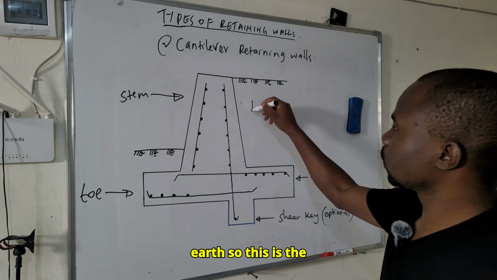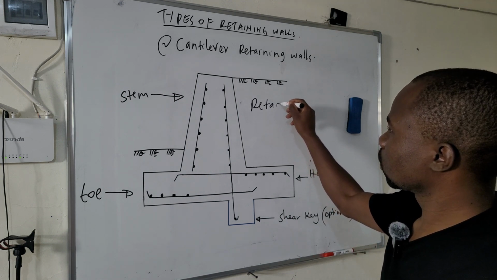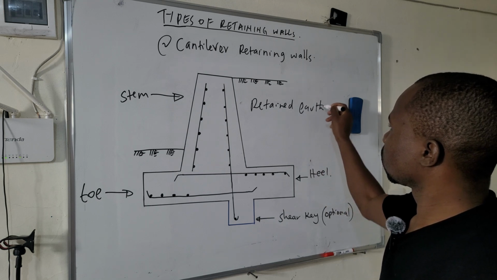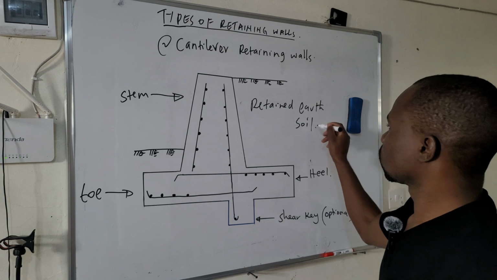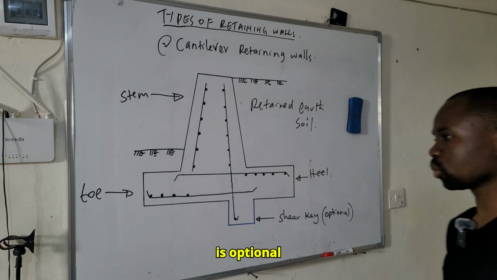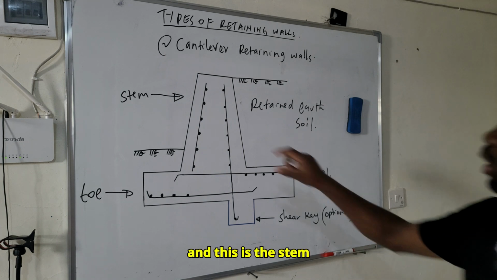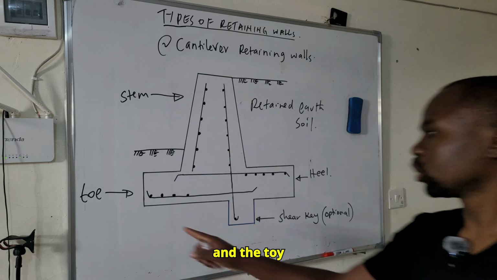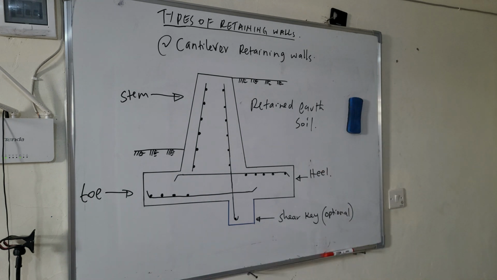So this is the retained earth or soil. Then this is the shear key, which is optional. And this is the stem and the toe. So that is all about a cantilever retaining wall.